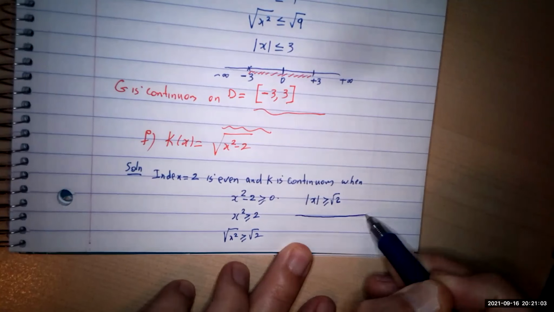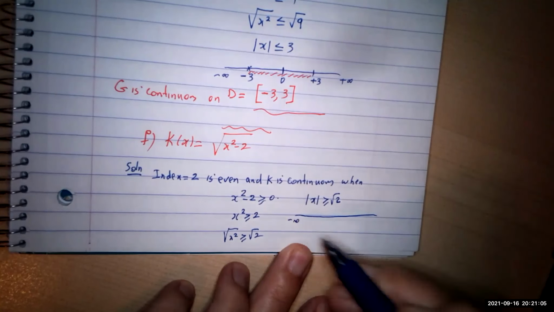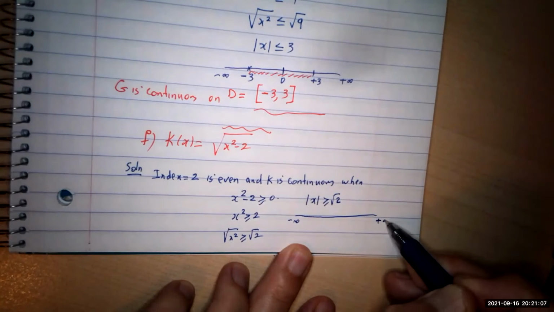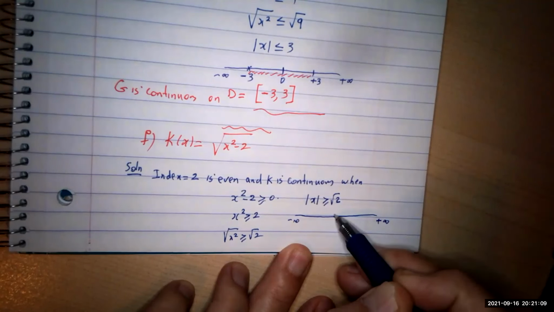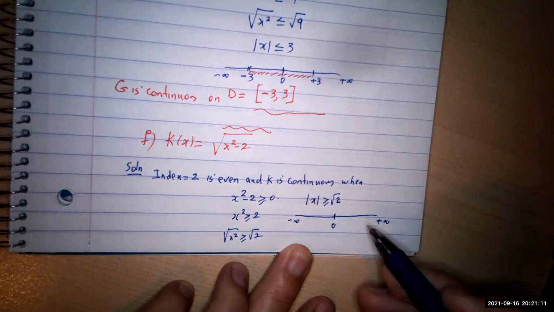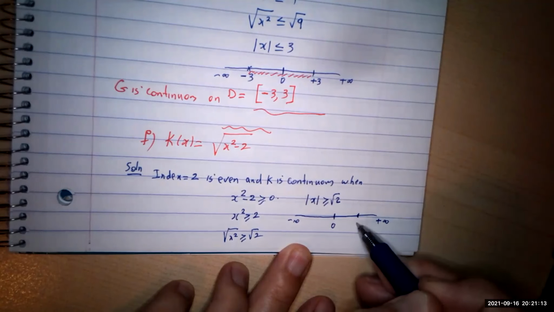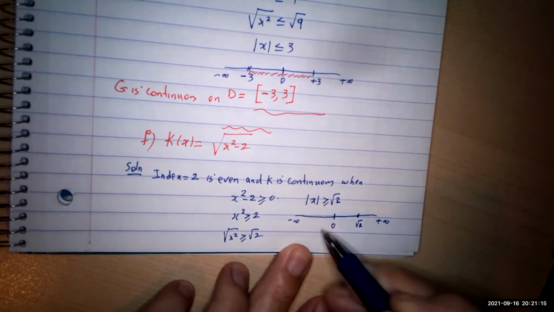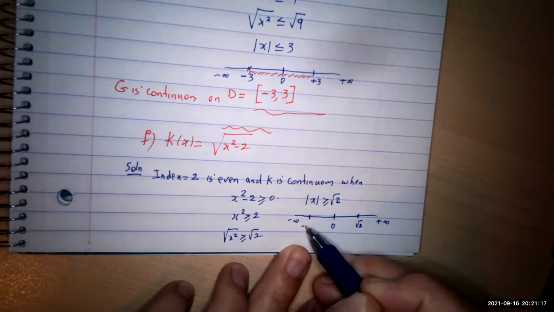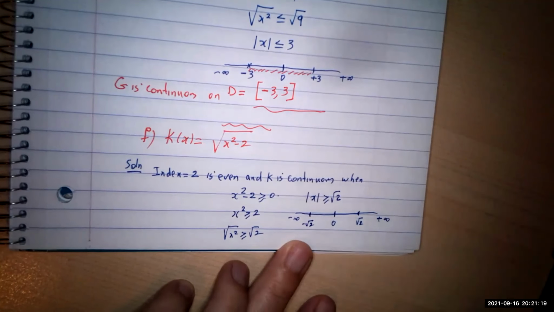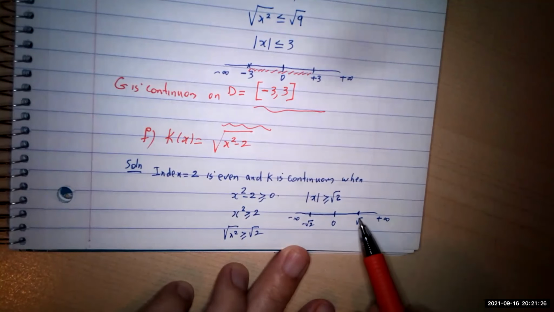Again, we get the number line, negative infinity, positive infinity. 0 is going to be home. Now radical 2 to the right, a positive radical 2. Radical 2 to the left, a negative radical 2. But where are you? x greater than. It's not less. Since it's not less, you are not here.